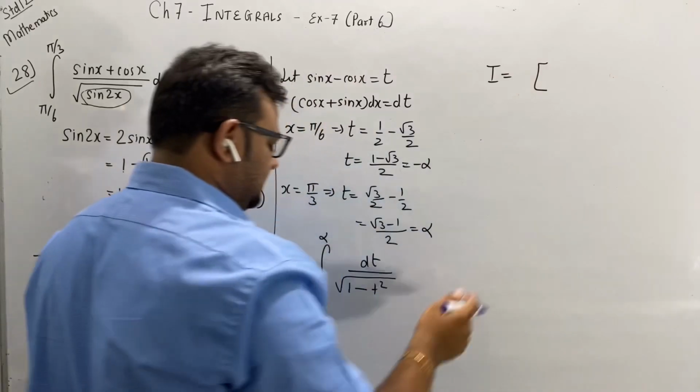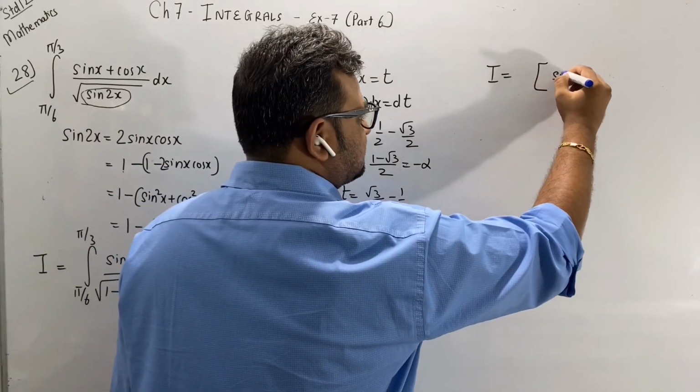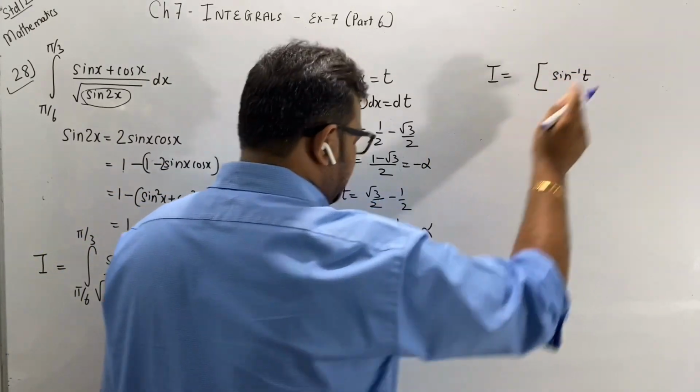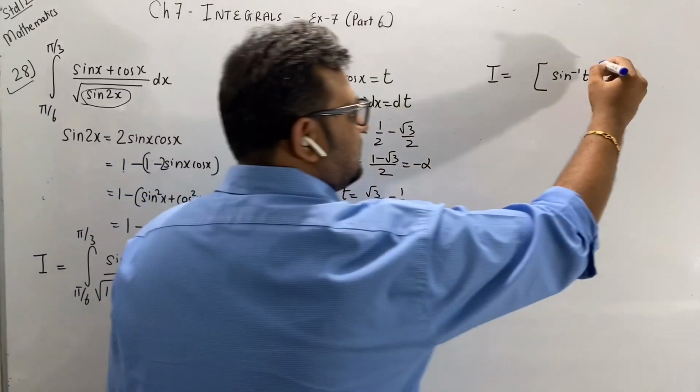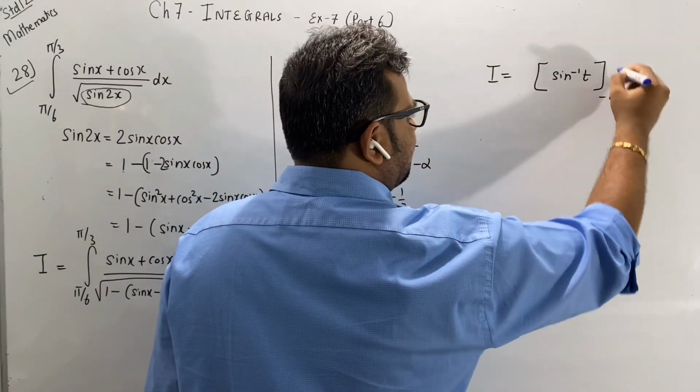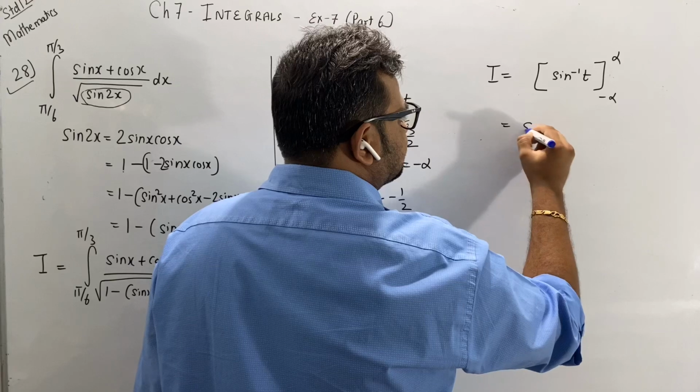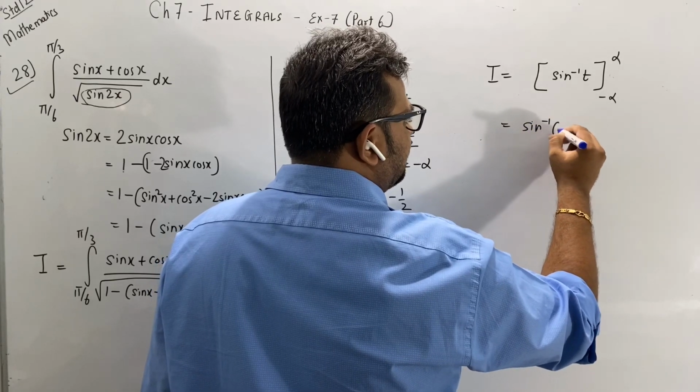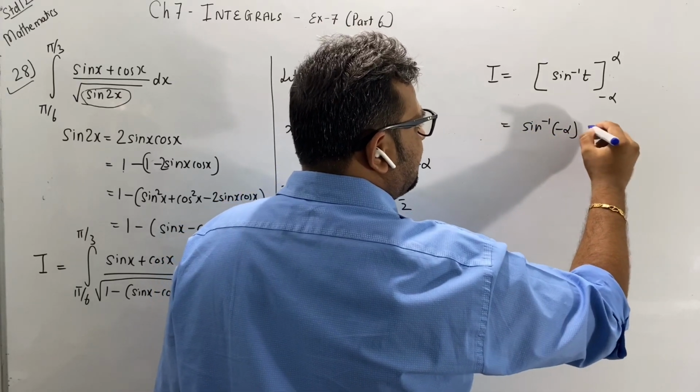Here a is 1, with limits minus alpha to alpha. This is equal to sin inverse alpha, the upper limit, minus sin inverse of minus alpha.